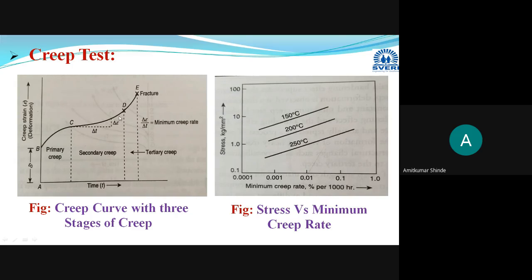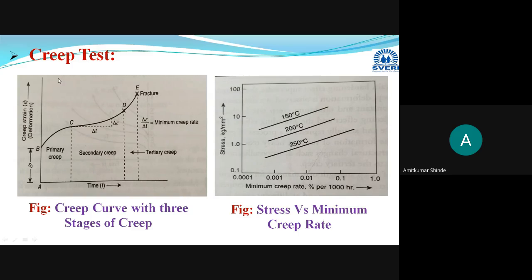Here the deformation rate is somewhat constant, not exactly constant, but the rate is minimum at that time. That's why this CD region is selected, and the slope is calculated, and you will get the minimum creep rate value. So in this way, we get the creep curve and different deformation values at different time intervals.